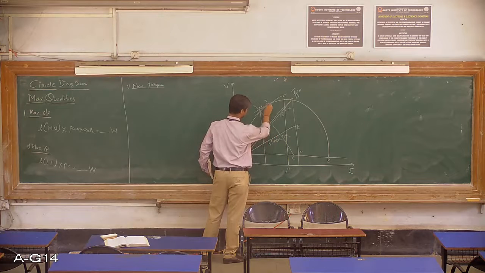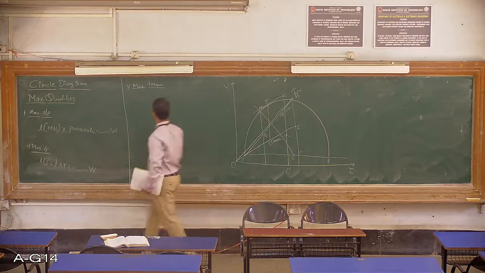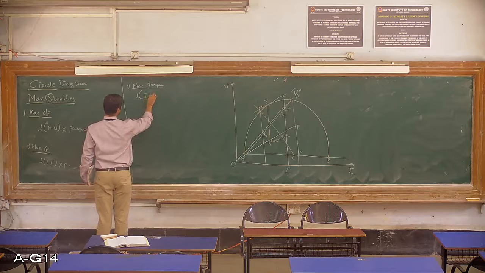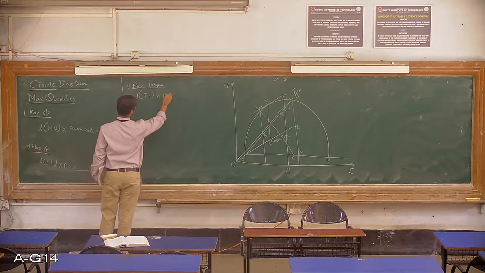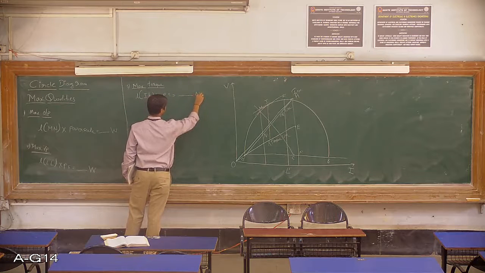This is the maximum torque of the machine. So the length JK gives us the maximum torque. Length JK into power scale gives the maximum torque in Newton meter.